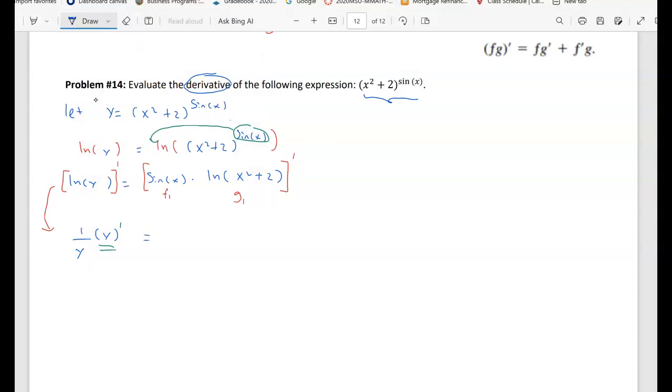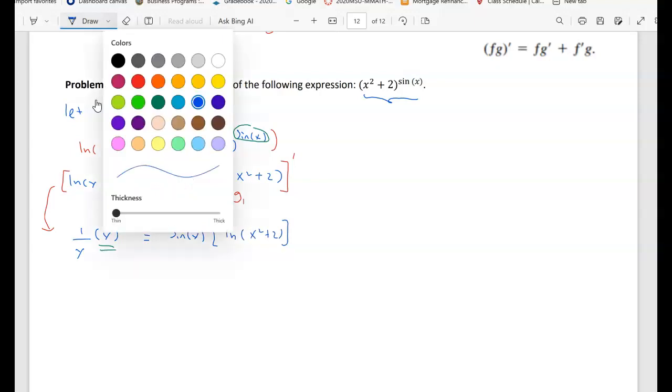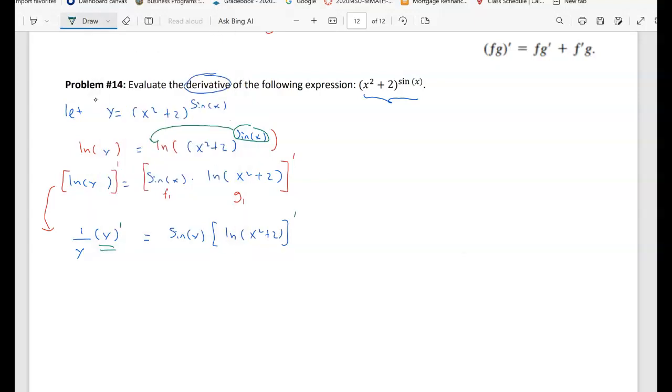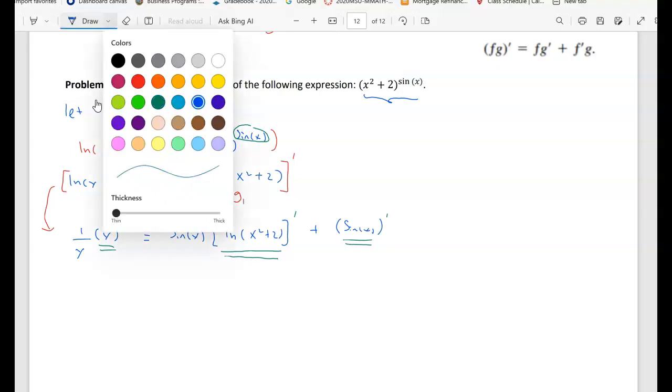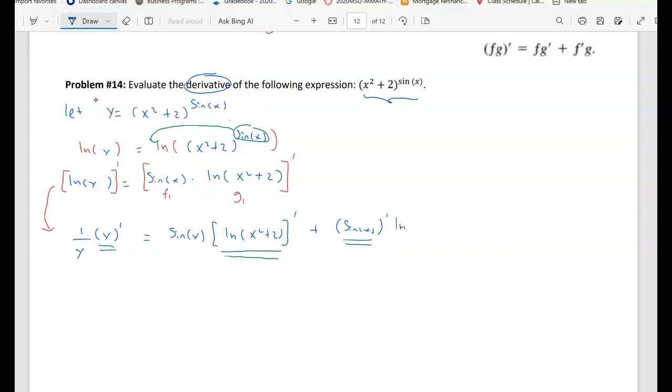So this is equal to sine of x, and then we take the derivative of the ln of x squared plus 2, also a chain rule. And then plus the derivative of sine of x, times our g function, which is the ln of x squared plus 2.